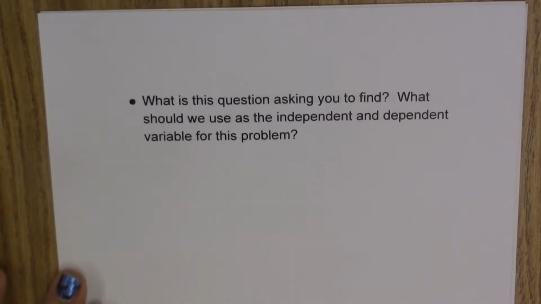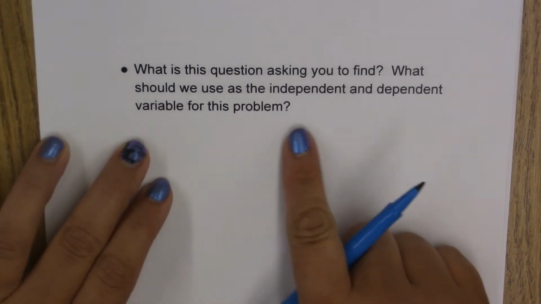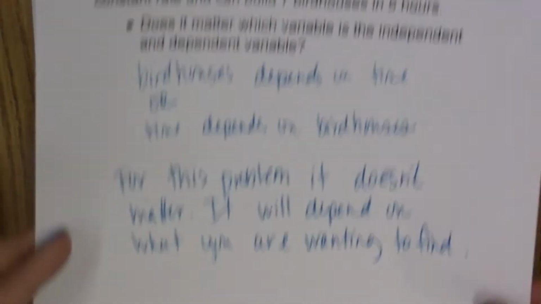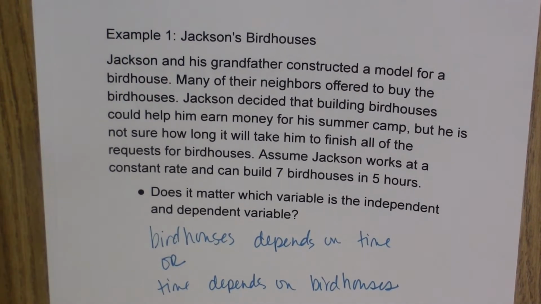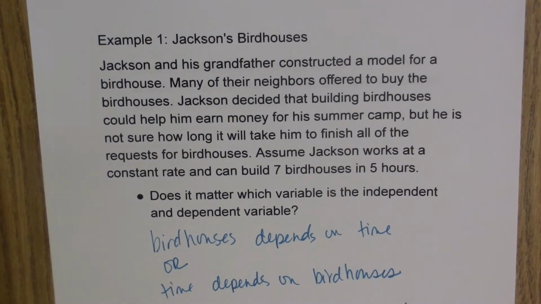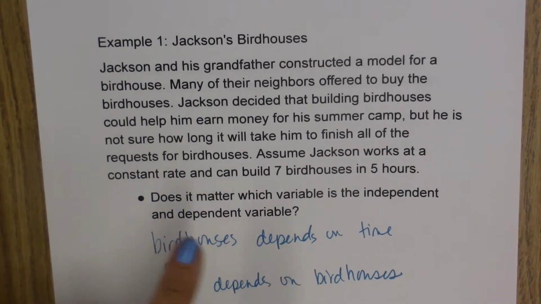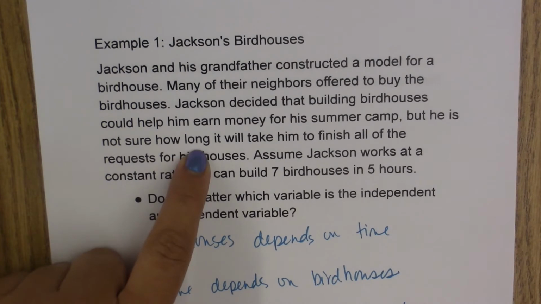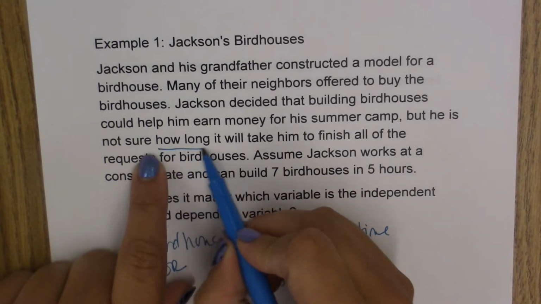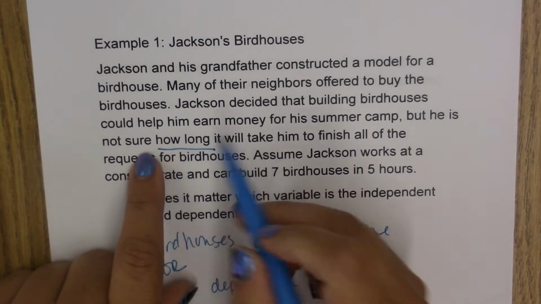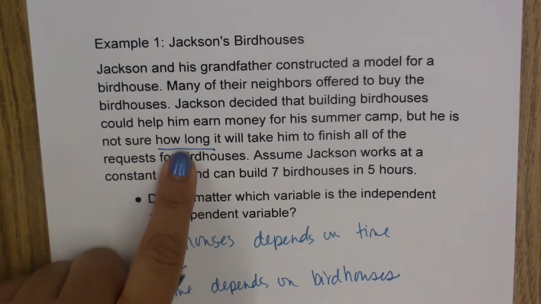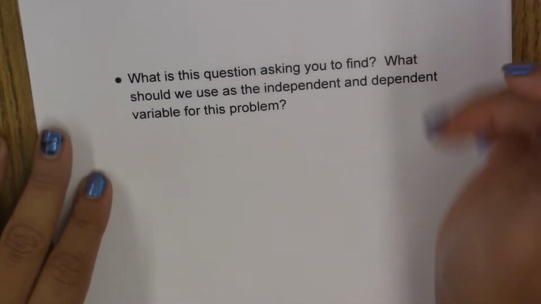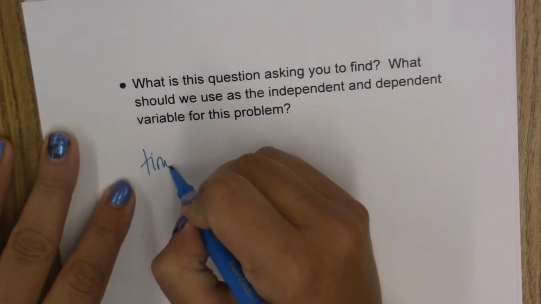All right, so what is this question asking you to find? What should we use as the independent and dependent variable for the problem? So if we go back to our problem, he's not sure how long it will take. So if we don't know how long, that's going to be what it depends. That's going to be our dependent. So how long it takes will depend on how many birdhouses we are going to make. So time is what we don't know.